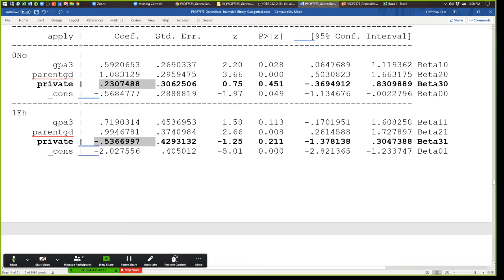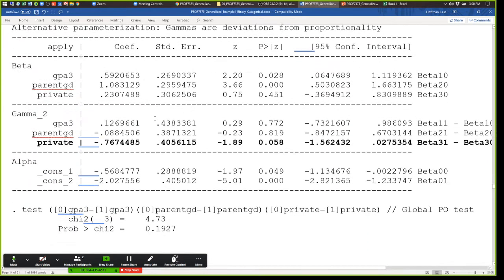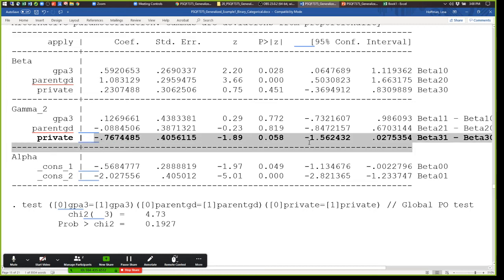That is not significant. The logit of moving from 0 or 1 up to yes, I'm going to go actually goes down if you went to private school. But again, not significant. The difference between those two numbers, though, is very close to significant.